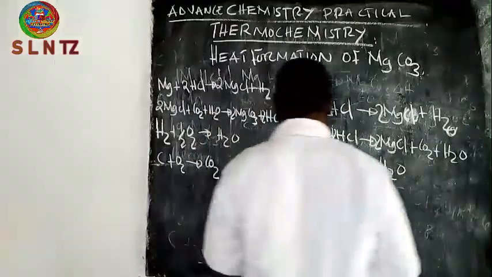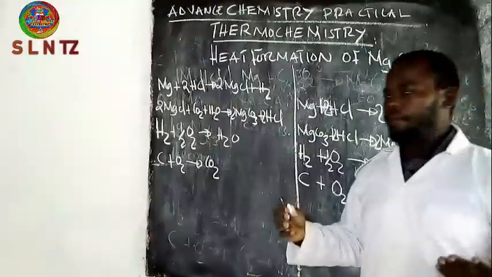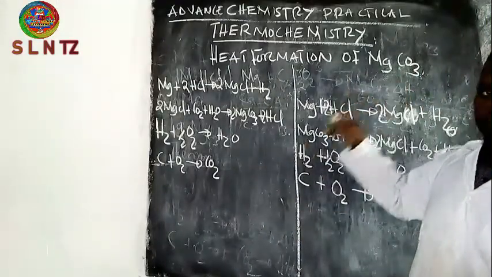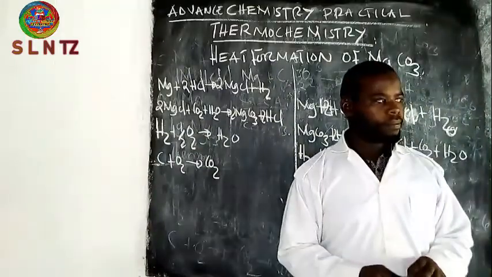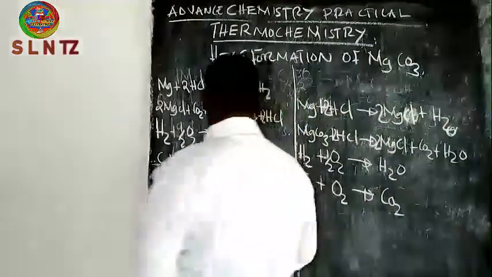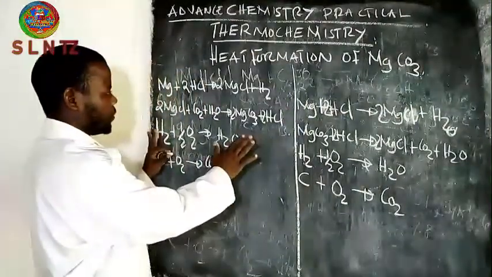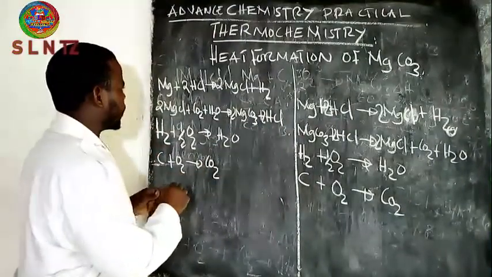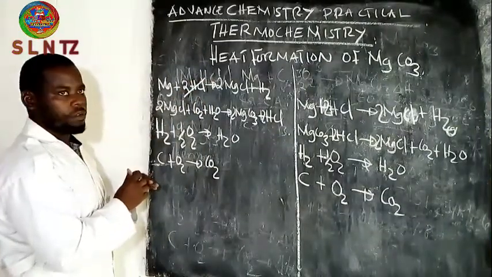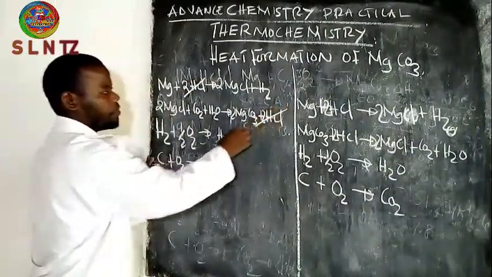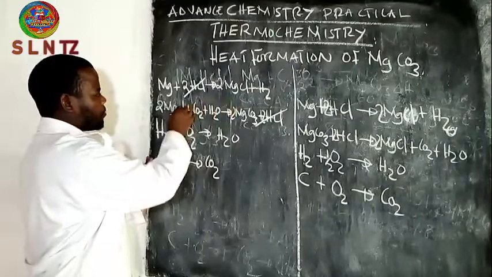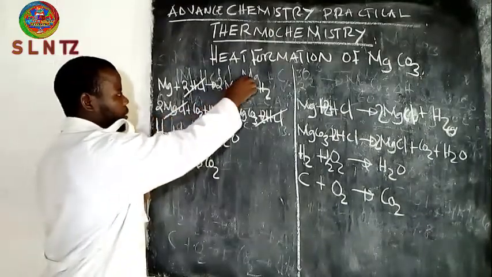So after looking at this one, there are compounds that are going to cancel. We have to reach the formation of magnesium carbonate. So when you look at this one, hydrochloric acid on the reactant side cancels with that on the product side. That is one. Magnesium chloride will cancel with magnesium chloride.